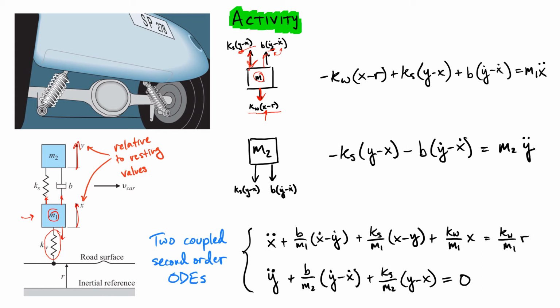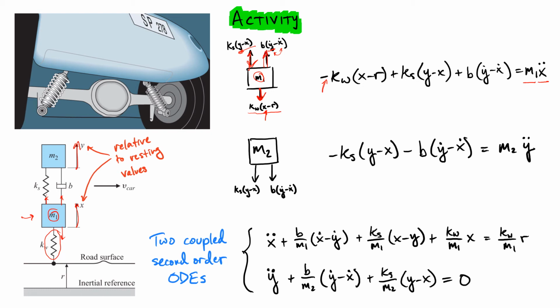Once you have your free body diagram, the beauty is that now you can say that it's the mass times the acceleration. The variable that's describing this block is x, so it's x double dot. And that's going to be the sum of all the forces on this. If the arrow is pointing down, that's pointing in the opposite direction of x, which means you're going to have this minus sign.